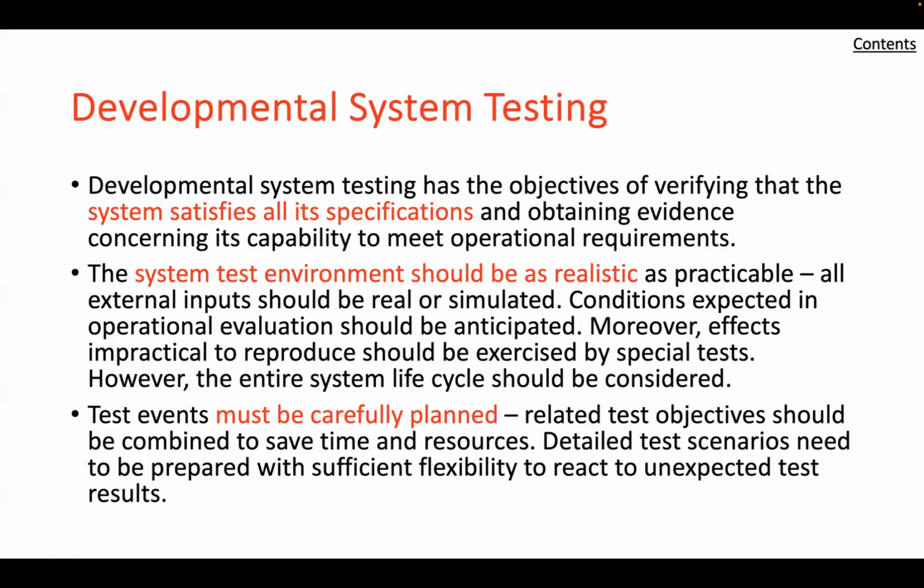For system testing objectives, while the primary emphasis of development system level testing is on satisfaction of system specifications, evidence must also be obtained concerning the system's capability to satisfy the operational need of the user. If any significant issues exist in this regard, they should be resolved before the system is declared ready for operational evaluation.